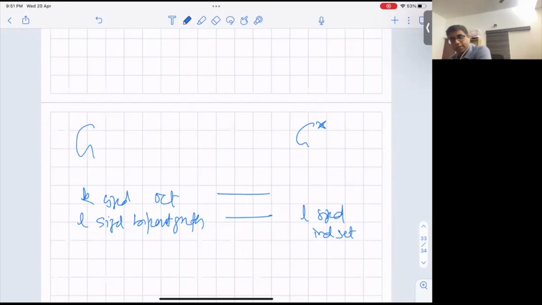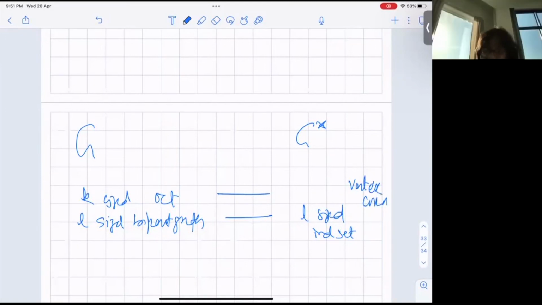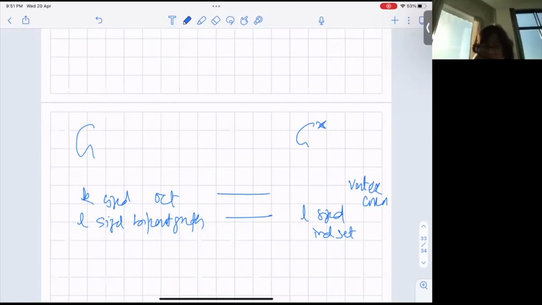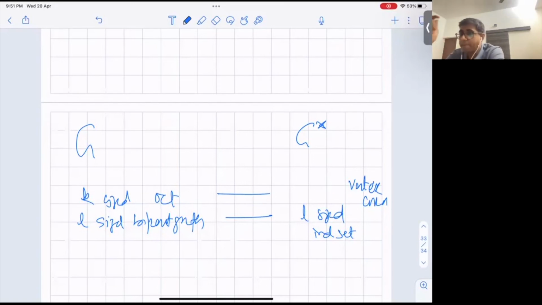My construction preserves the size of bipartite graphs.